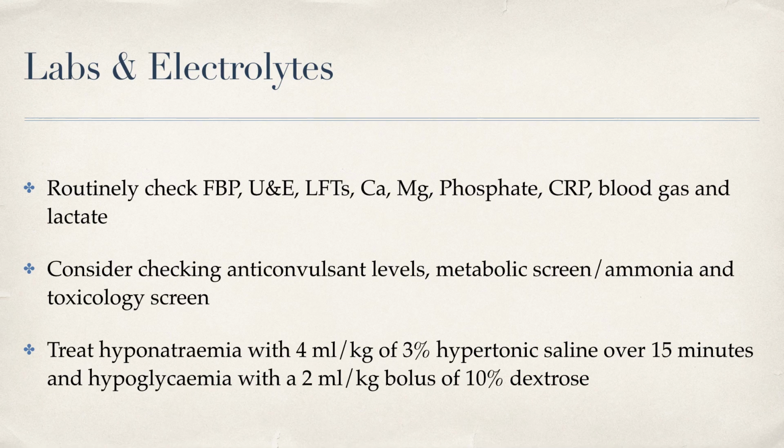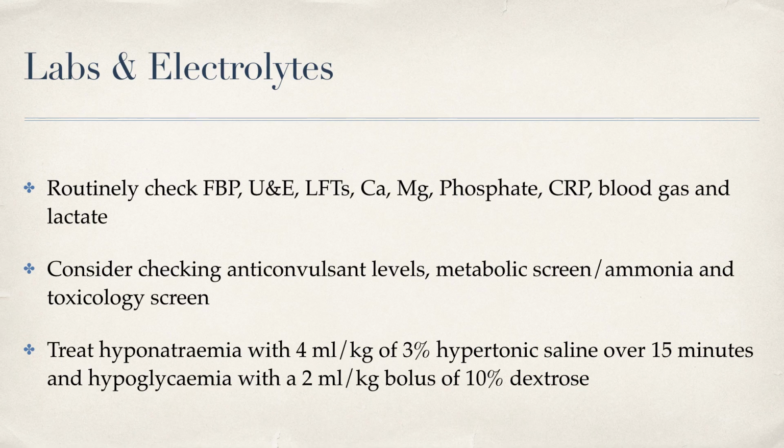And if the patient's on regular anticonvulsants, it'd be worth sending off some levels to see if those levels are therapeutic. So if the cause of the seizure is unknown, it would also be worth sending off a metabolic screen, including ammonia, and sending off a toxicology screen as well, in addition to the above investigations.